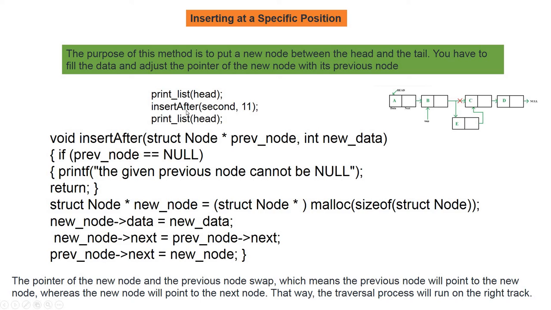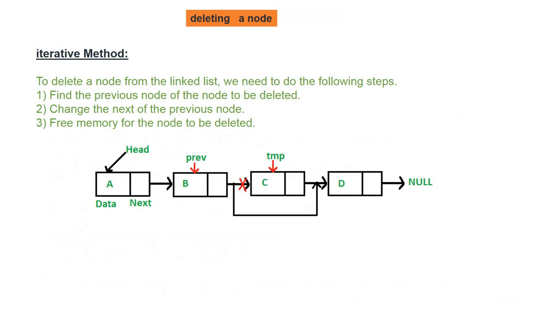So the function will be insert after second, let's say 11, and it does it automatically. The previous node will point to the new node, whereas the new node will point to the next node. That way the traversal process will run correctly. You can understand this code in more detail by going back to the video.